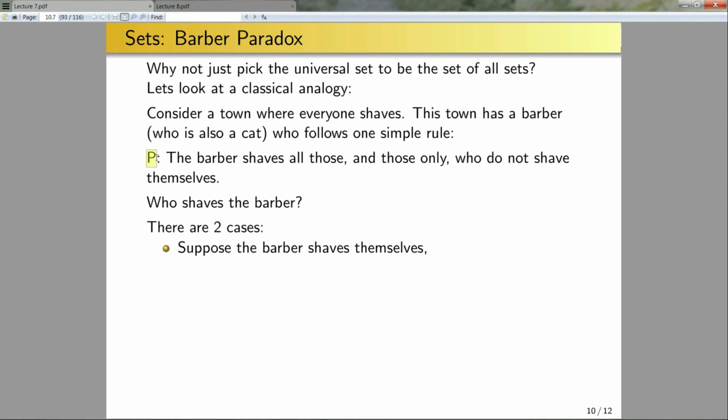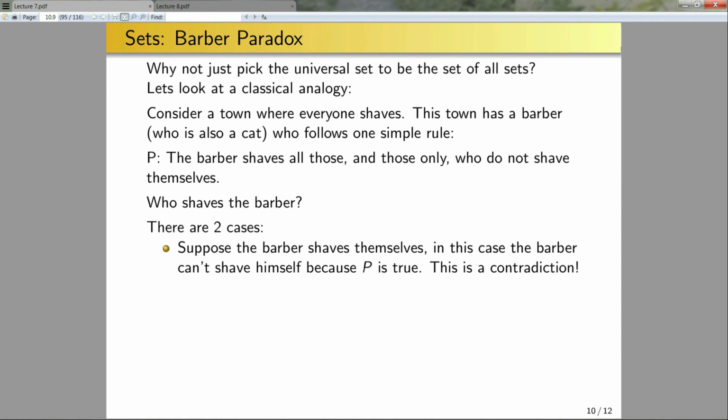Well, since P, as a rule, is always true, since the barber shaves themselves, they cannot shave themselves, right? Because the barber shaves those and only those who do not shave themselves. And since the barber shaves themselves, he can't. So in this case, the barber can't shave himself because P is true. Now this is a contradiction, therefore this case can't be true. So the barber cannot shave himself.